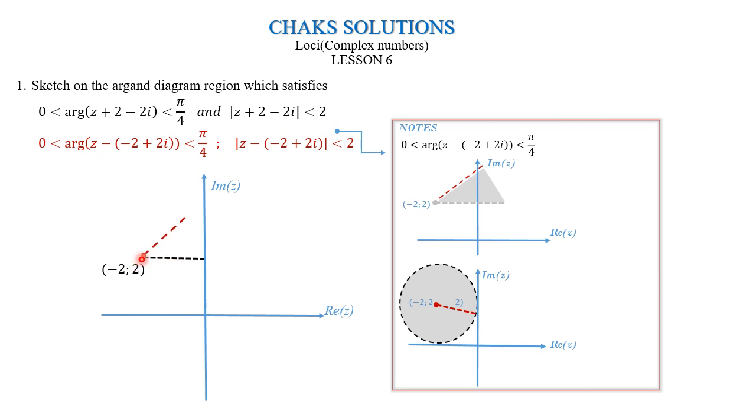This is a horizontal line here, which is parallel to the real axis, with an angle of pi over 4 that we need. Right, then we need a circle here. This is the circle. Alright, so the intersection of this region and this region, they are intersecting at this part here. So think of putting this circle, this shaded region, on top of this part here, so they will intersect at this region here. So that's the intersection.